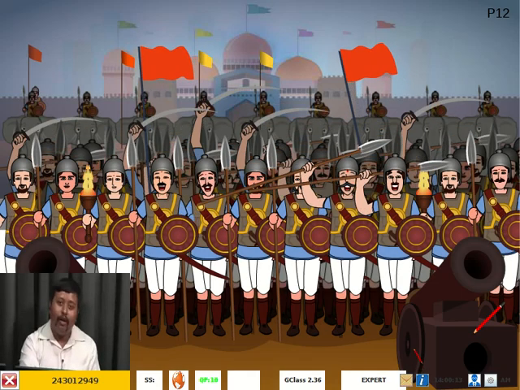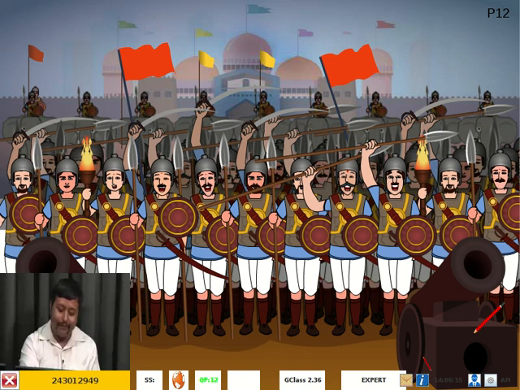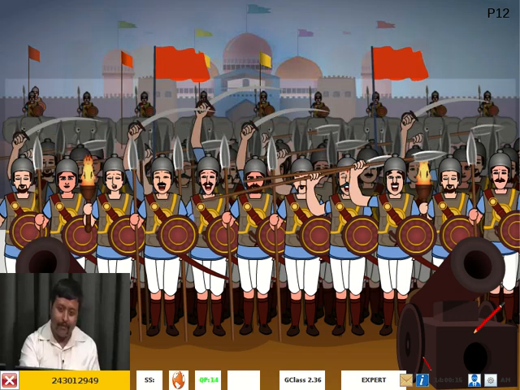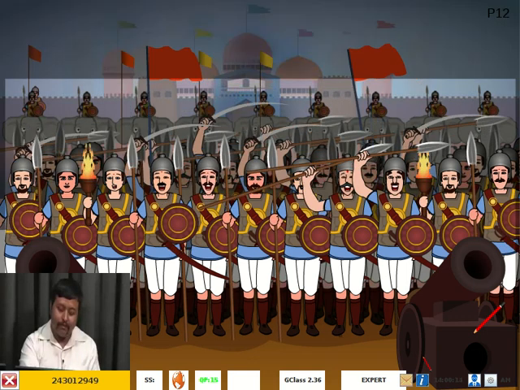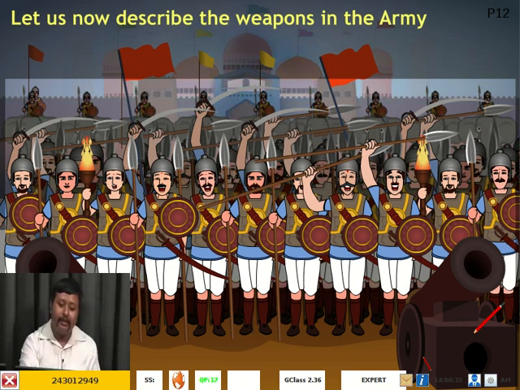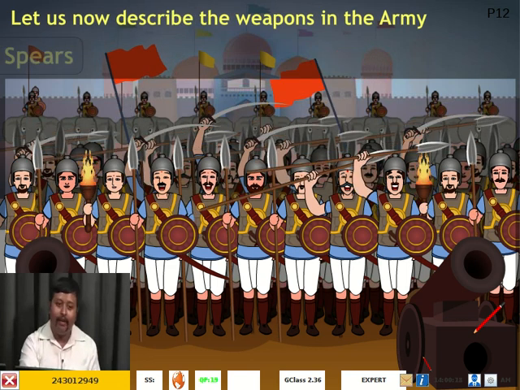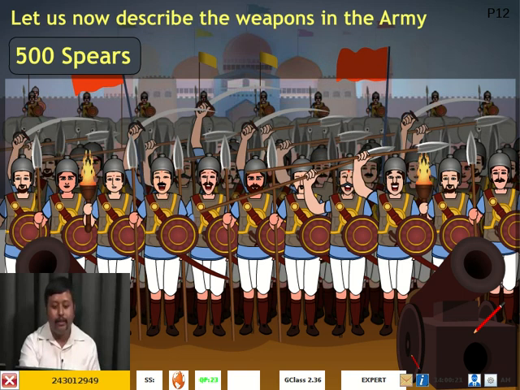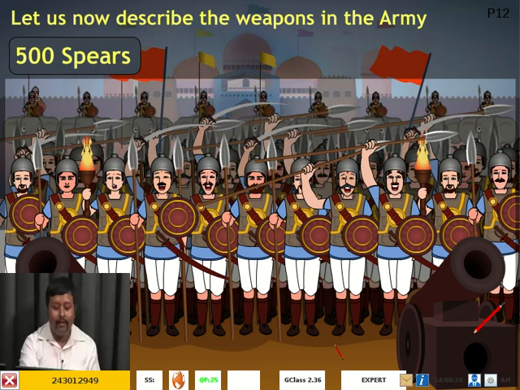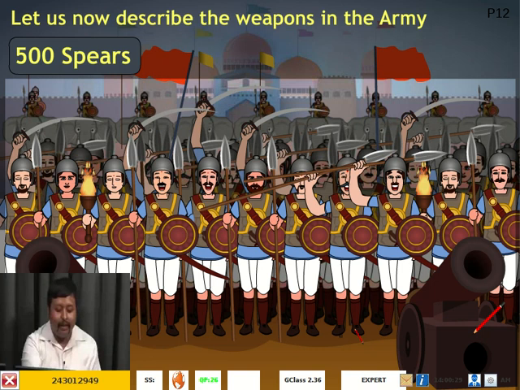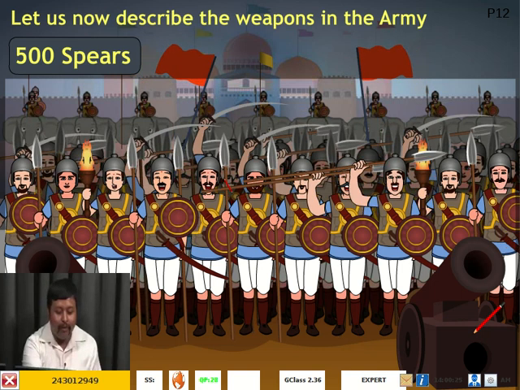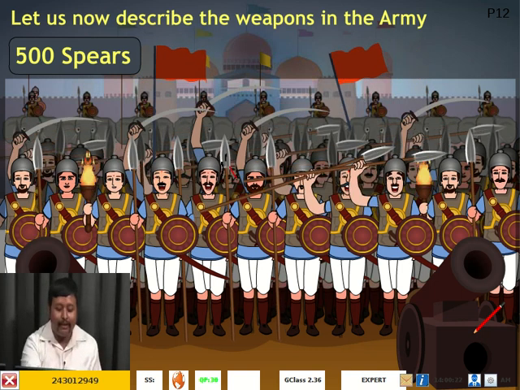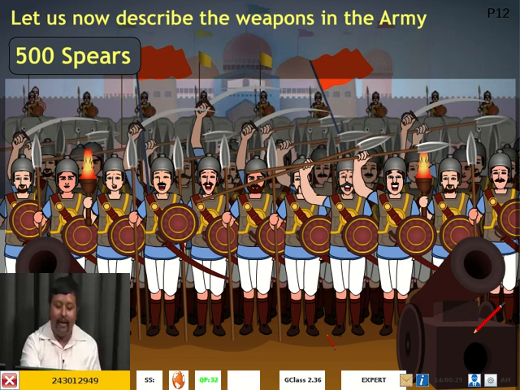Let's have a look at their weapons. Let us now describe the weapons in the army. So what are the weapons? 500 spears. Spears you all know now. What is a spear? These things which they are holding in their hands are called spears.